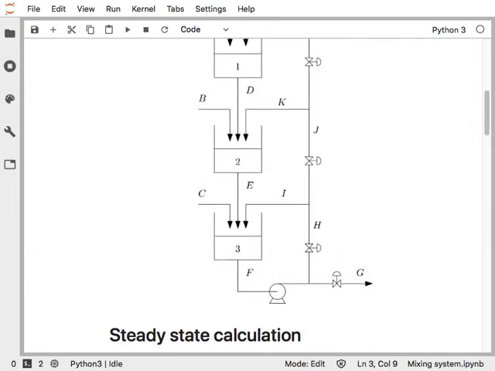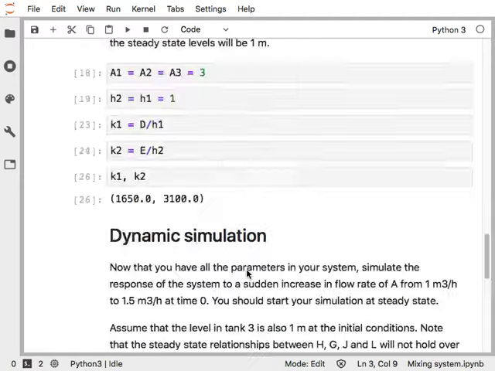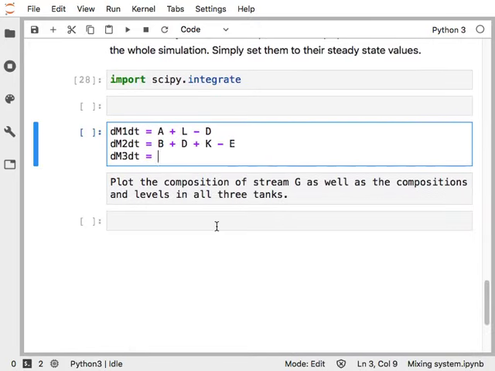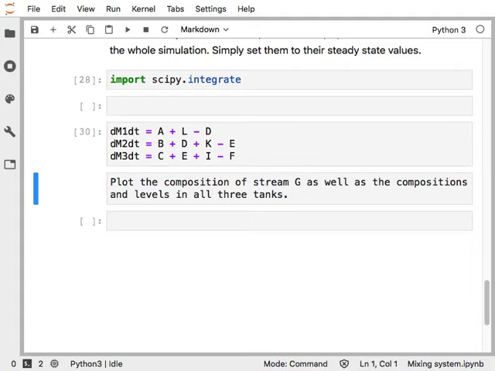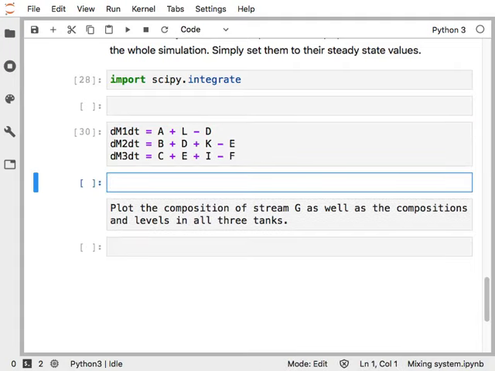And dm3 is c minus e minus I, c plus e plus I minus f, c e I f. Cool. So at this point, I should be able to at least check.